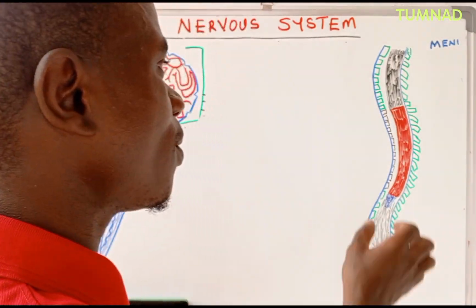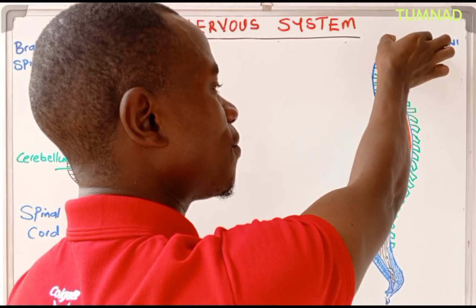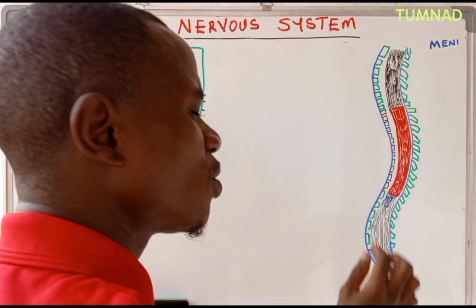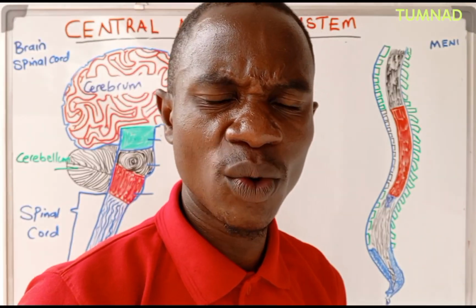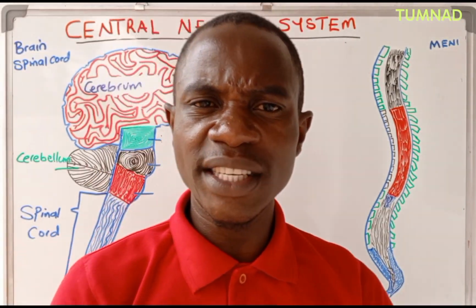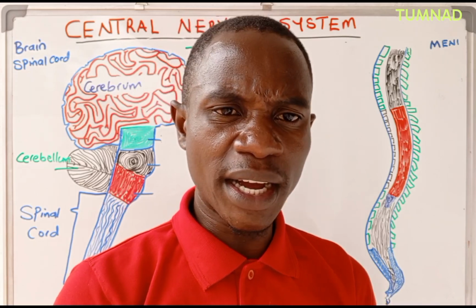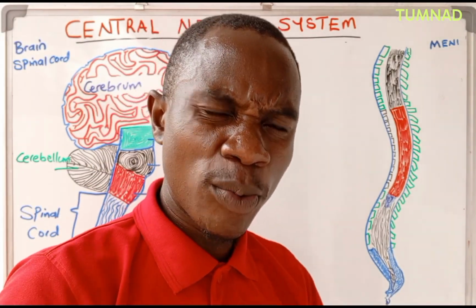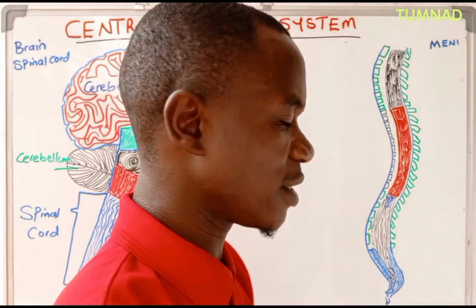Okay, the spinal cord moves all along from the cervical area into the thoracic area, and it is going to end in one of the regions which we are calling the lumbar region. Okay, we have different regions that make up the spinal cord. So let's quickly look at the regions of the spinal cord.